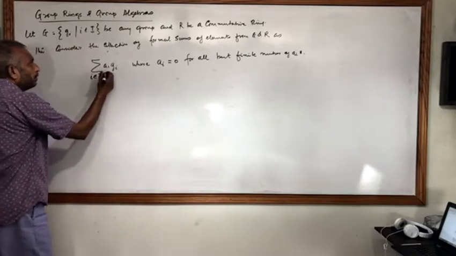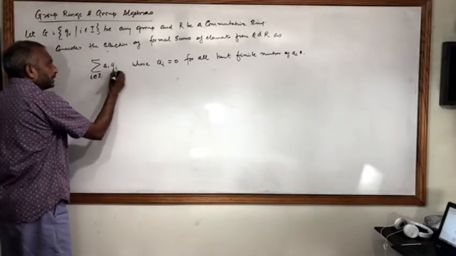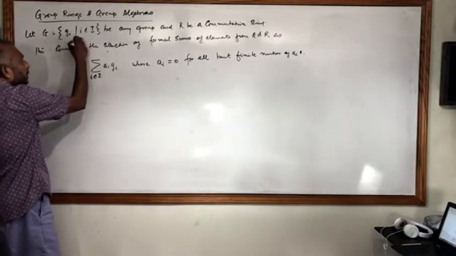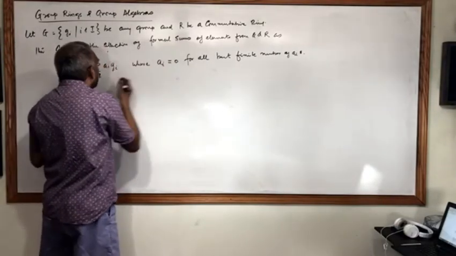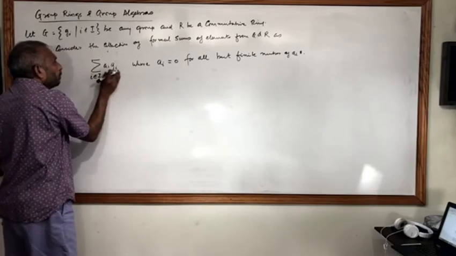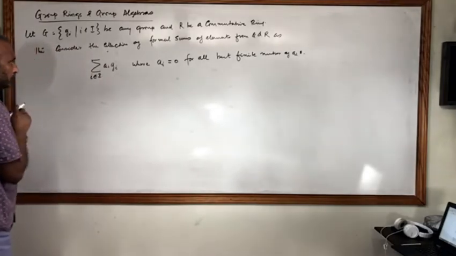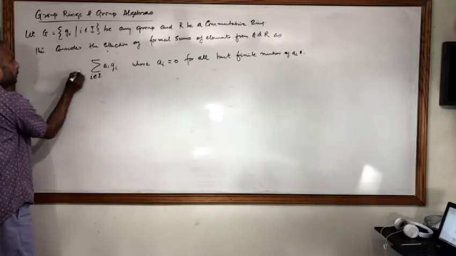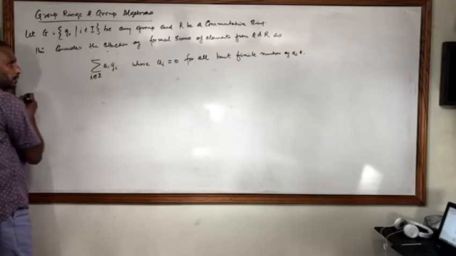This cannot be an infinite sum, it is a finite sum. Even though G and R may contain infinitely many elements, we are only considering finite sums. So these are the elements of the ring which you are going to consider.